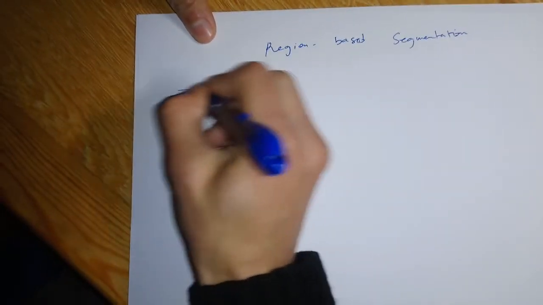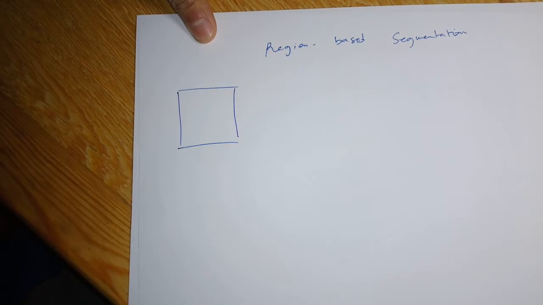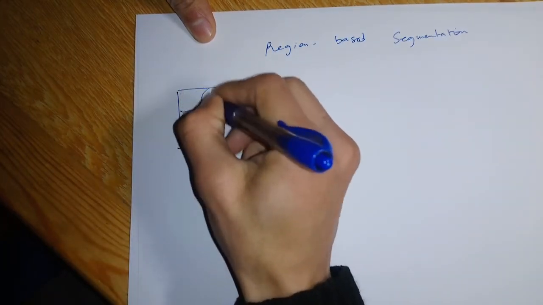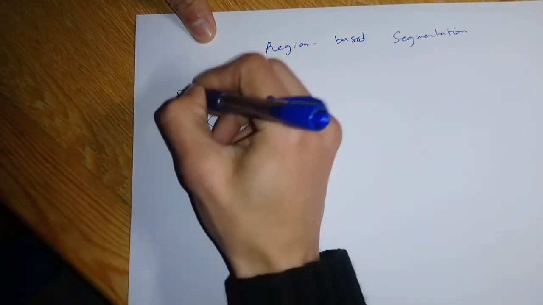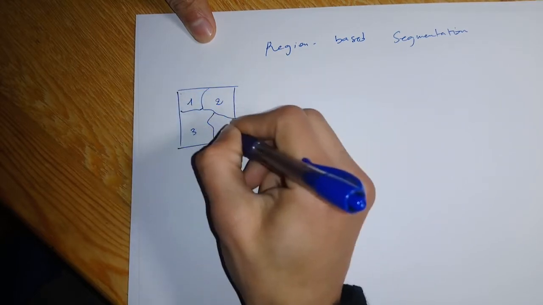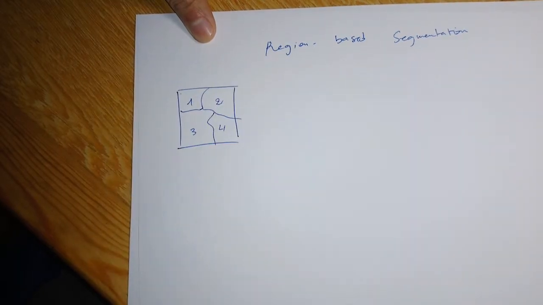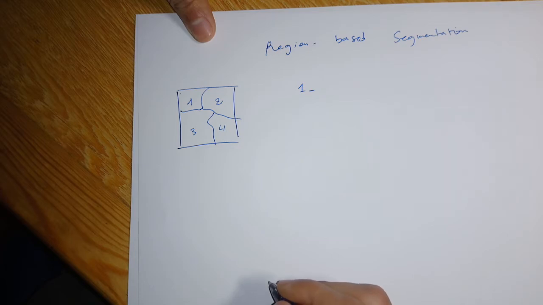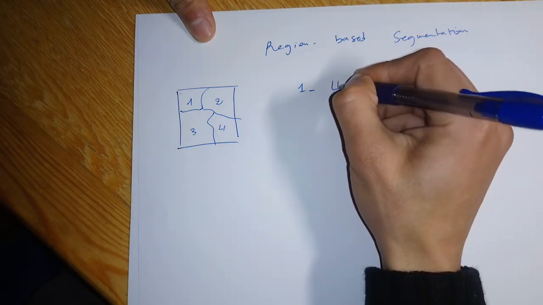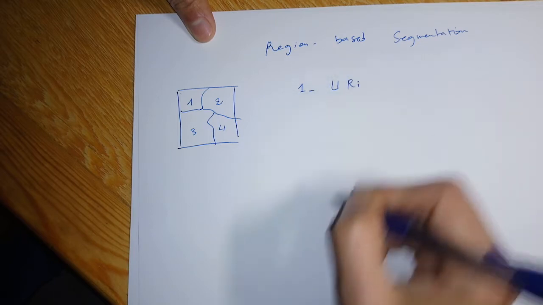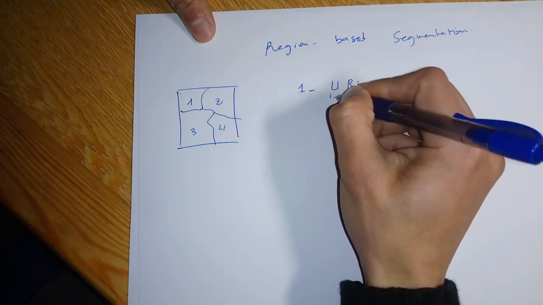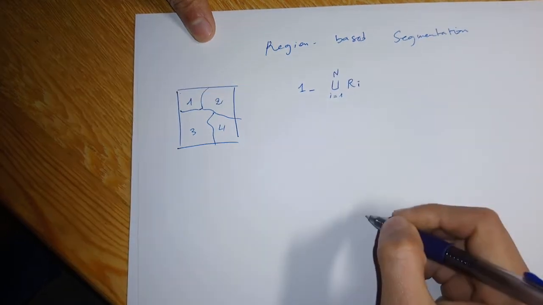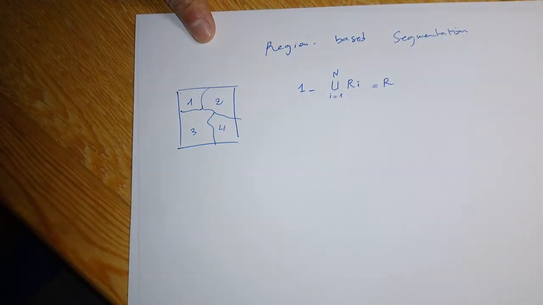So let's say that I have an image that has for example 4 segments. This is segment 1, 2, 3 and 4. The first rule is that the union of all of these regions Ri, such that i is equal 1 to n, should be equal to R. So what is this?